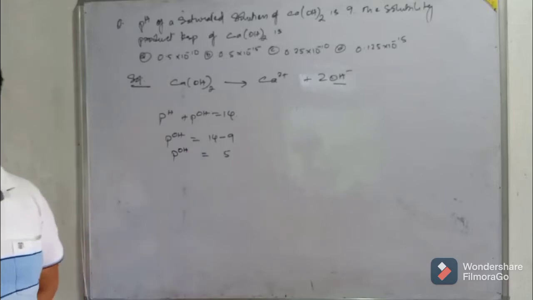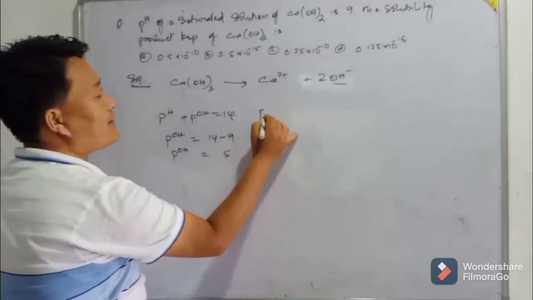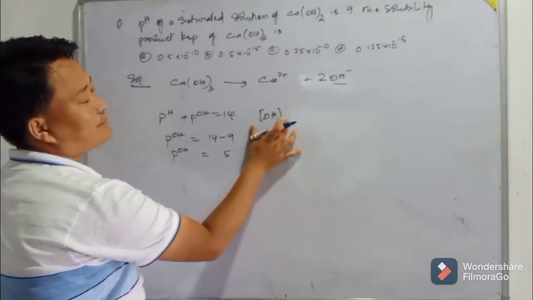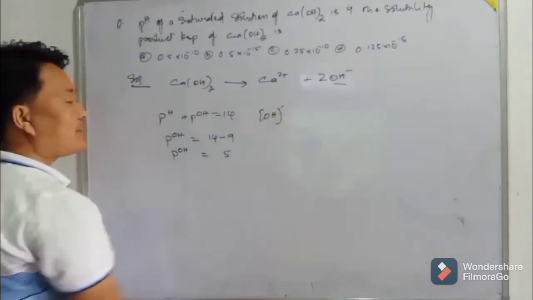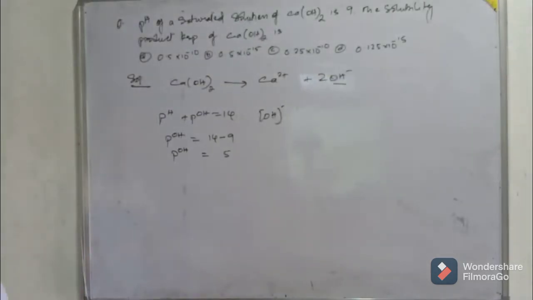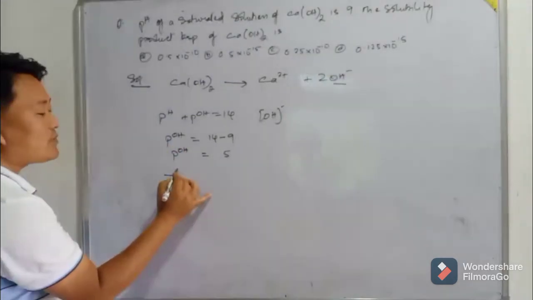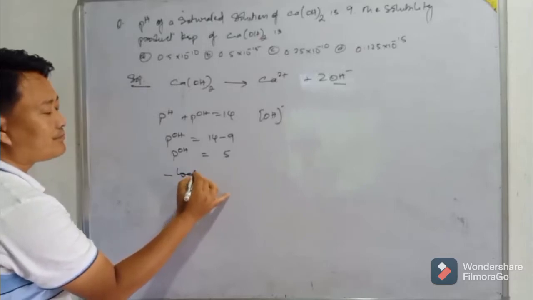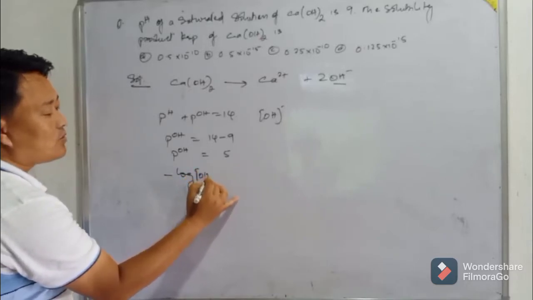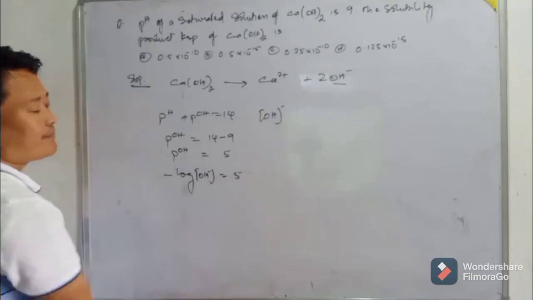Then how to find this? We have to find the concentration of OH minus only. pOH can be written as minus log OH minus equal to 5.